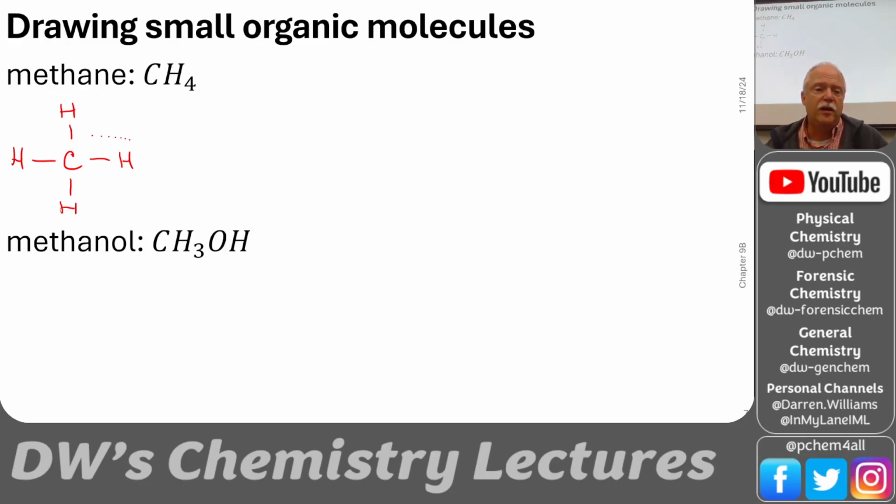Now what we would like to do, though, is use this. This is 4 domains, 4 electron groups. So that's a tetrahedral electronic structure. And in this case, we've got 4 identical atoms around it, so it's a tetrahedral molecular structure too.